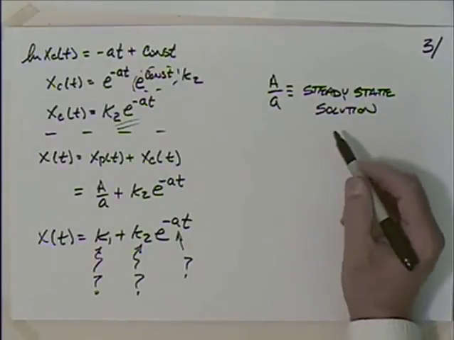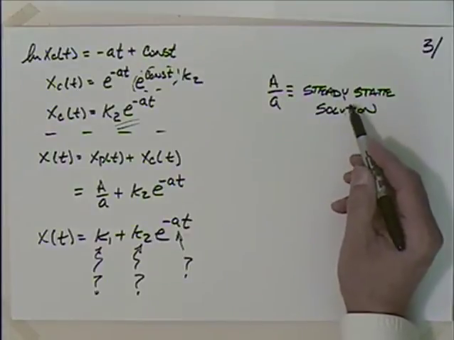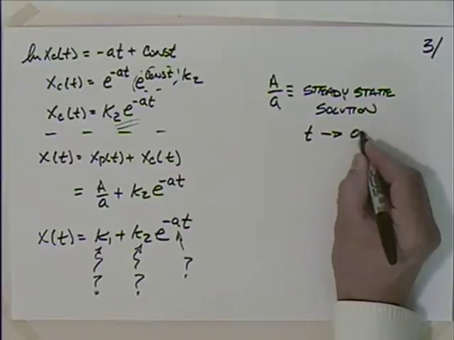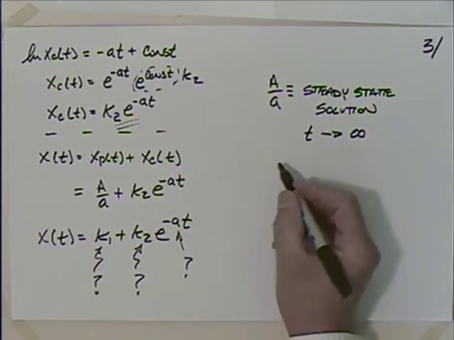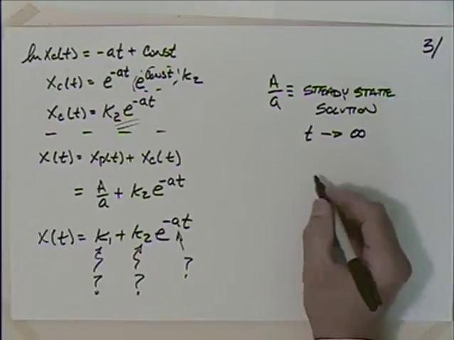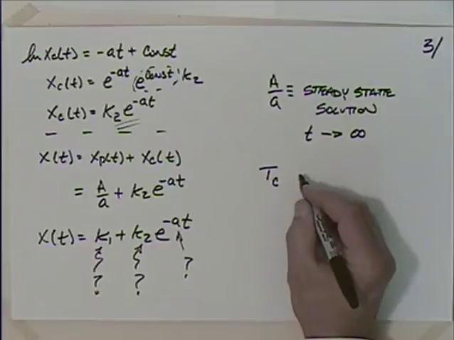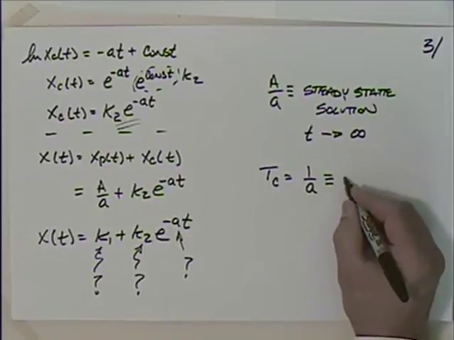And as time gets longer and longer and longer and approaches infinity, we talk about the steady state solution. That's what that is. Okay? That's when the time goes to infinity. Okay? And I'll talk about time constant and come back to that in just a second. Speaking of time constant, the time constant is going to be equal to 1 over a. So that's defined as the time constant.